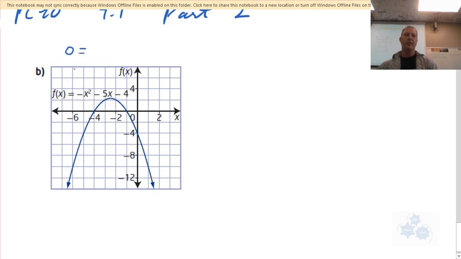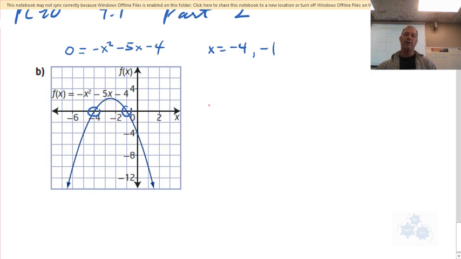And so if you let this equal 0, this is the corresponding equation. So for this graph, this is the equation that you can solve. And this equation can be solved by looking at where the intercepts are. And it looks like x equals -4 and -1. Those appear to be the intercepts.